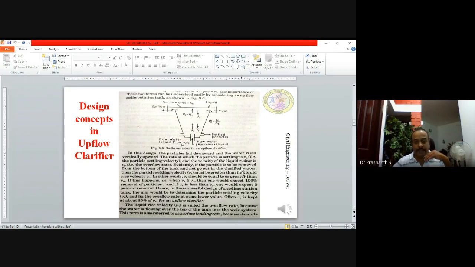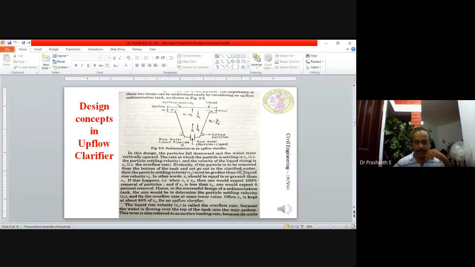So, in this design, the particles fall downward. When the water is moving, as the specific gravity of the particles is more than water, particles tend to settle down. So particles fall downward and water rises vertically upward.